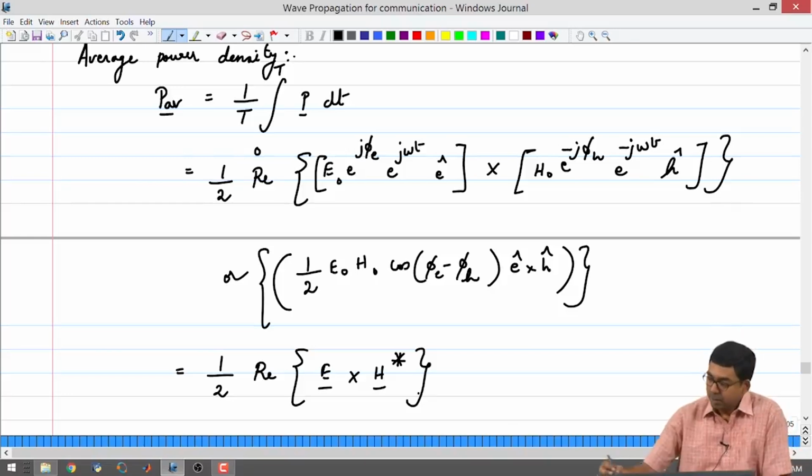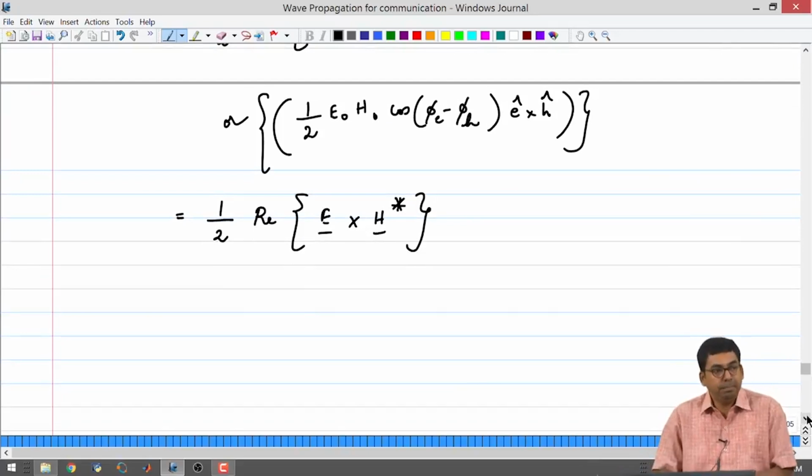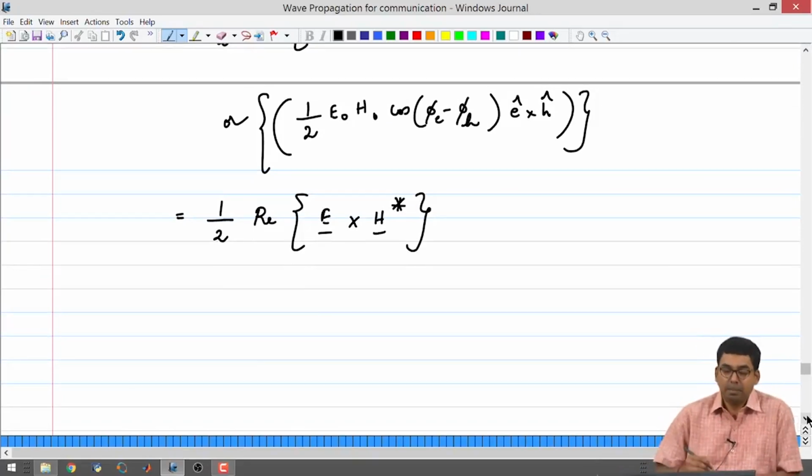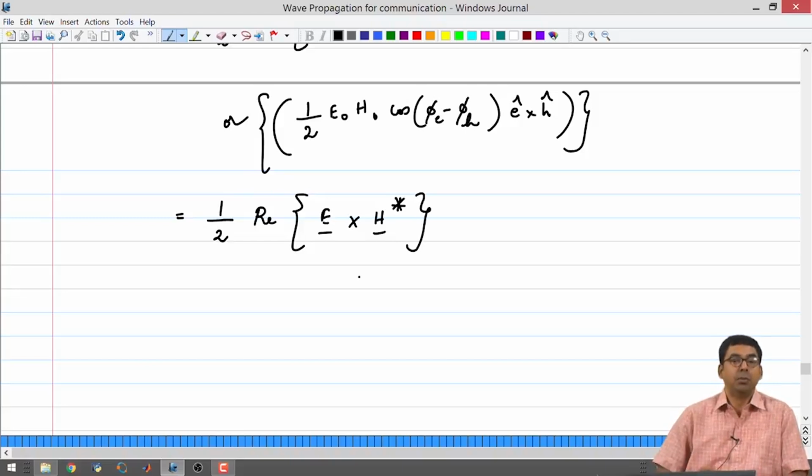Now, since this quantity is independent of time, it gives you some meaningful quantity to make actual conclusions. It gives you whether there is an average power flow or not, whether there is an average power flow into the surface or out of the surface or not.